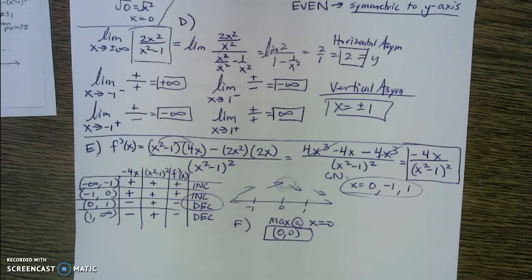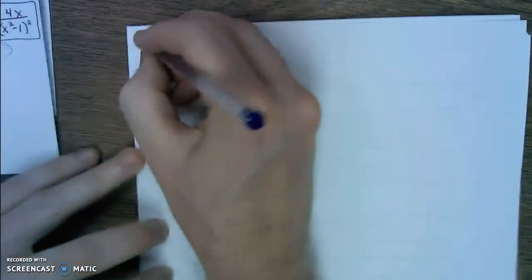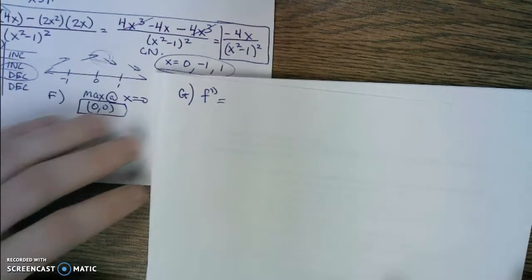G, concavity. So for that, we're going to need our second derivative. Let's switch to a new page. So second derivative. Now our first derivative is negative 4x over x squared minus 1 squared. Right there. All right.